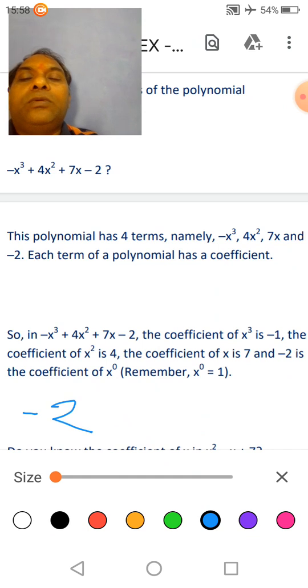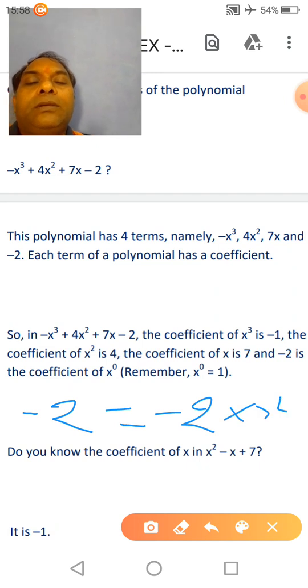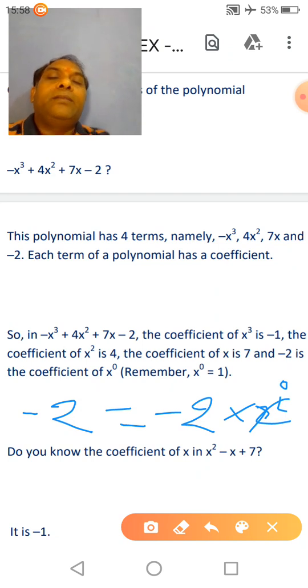Minus 2 is equal to minus 2 into x to the power 0. You can write it, because x to the power 0 is equal to 1. So we can say that minus 2 is the coefficient of x to the power 0. Clear?